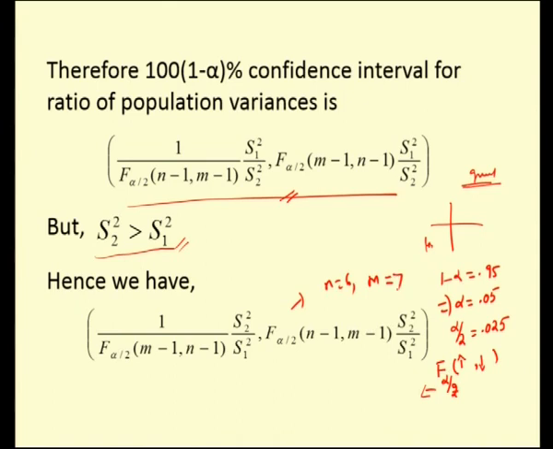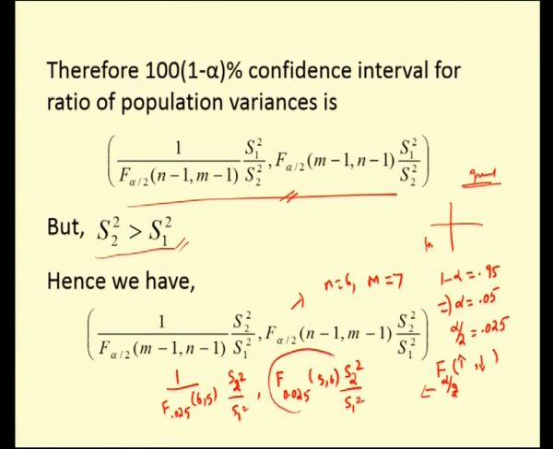So you will have 1 by F of alpha by 2, that is 0.025 with 6,5 degrees of freedom, into S2 squared by S1 squared. Here it is going to be F 0.025 with 5,6 degrees of freedom into S2 squared by S1 squared.